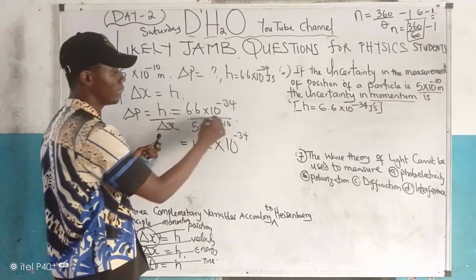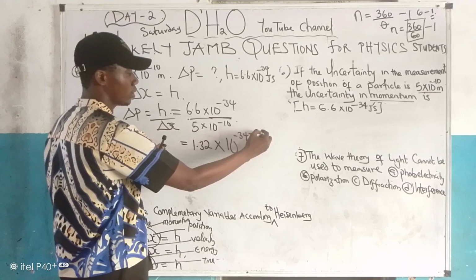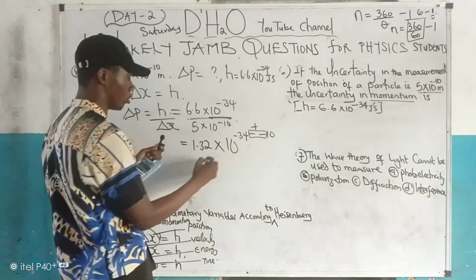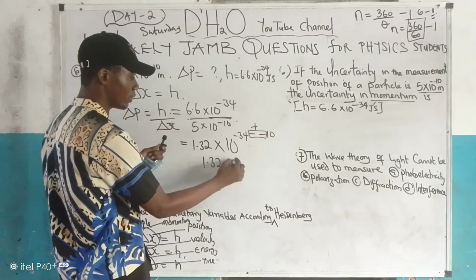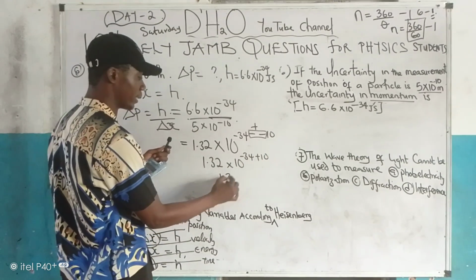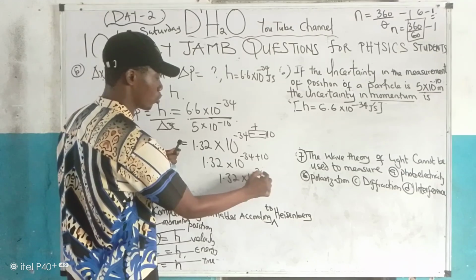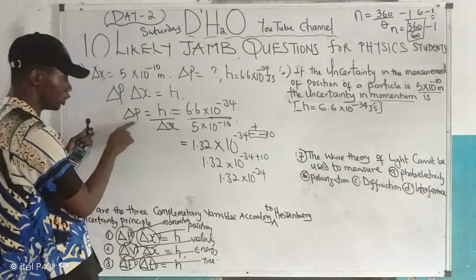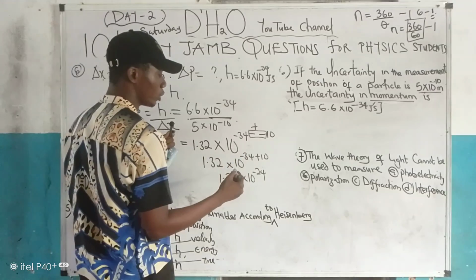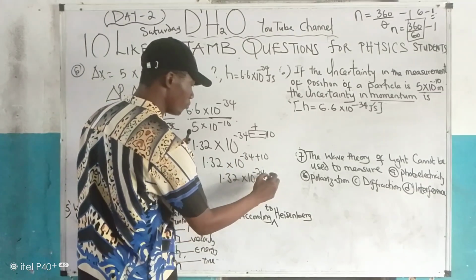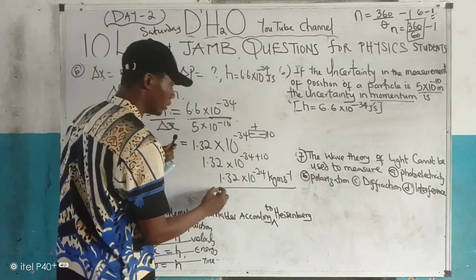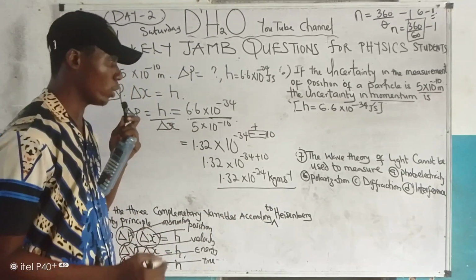Remember for indices, if you are dividing, you minus, so minus minus 10, which will give us plus. So 1.32 times 10 raised to the power minus 34 plus 10, so 1.32 times 10 raised to the power minus 24. What will become the units? Remember, momentum is mass times velocity, which will give us kilogram meter per second. This is the answer to the question.